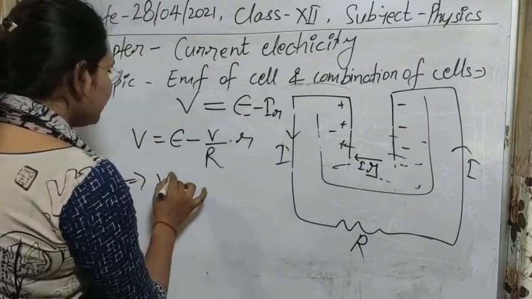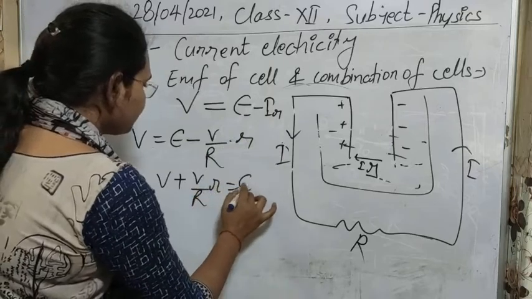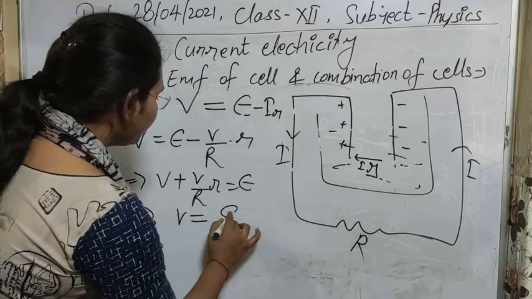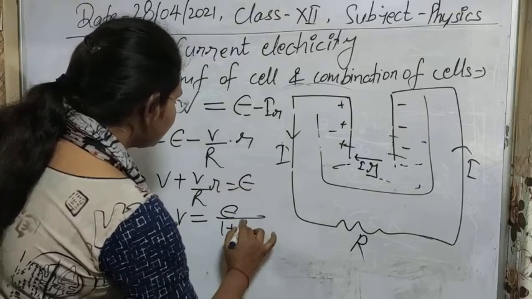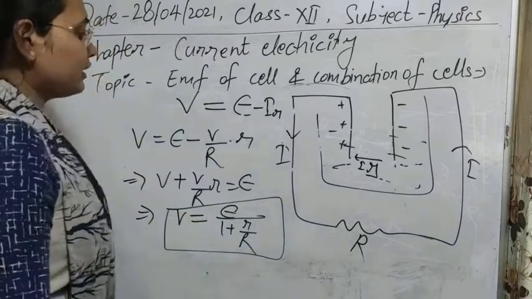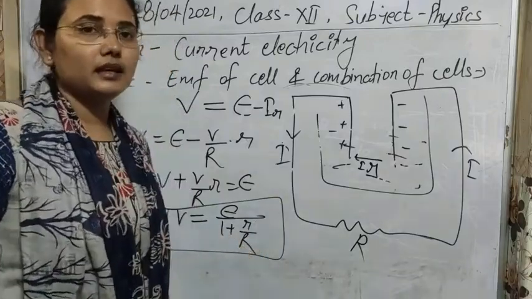Let's take V to this side: V plus (V by R) into r equals epsilon, or V can be calculated as epsilon upon 1 plus small r by capital R. In this way you can calculate terminal potential in terms of the internal and external resistances.